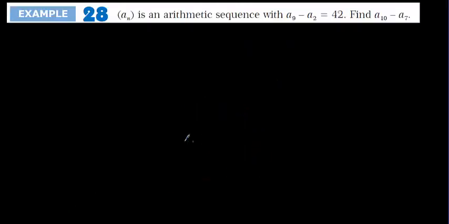Okay, here again, by using the advanced term formula, we are going to find a10 minus a7. Here maybe we don't know the common difference, but we know this: a9 is equal to a2 plus 42.